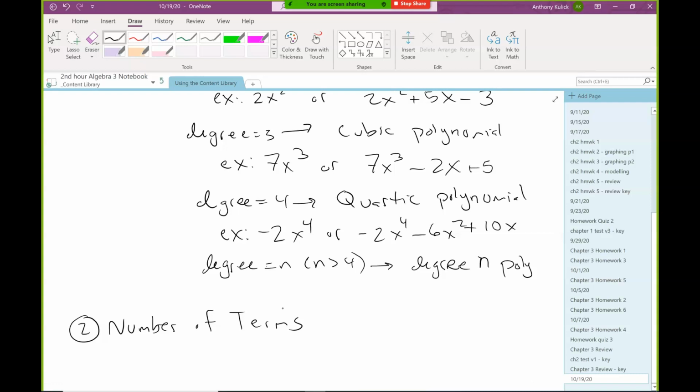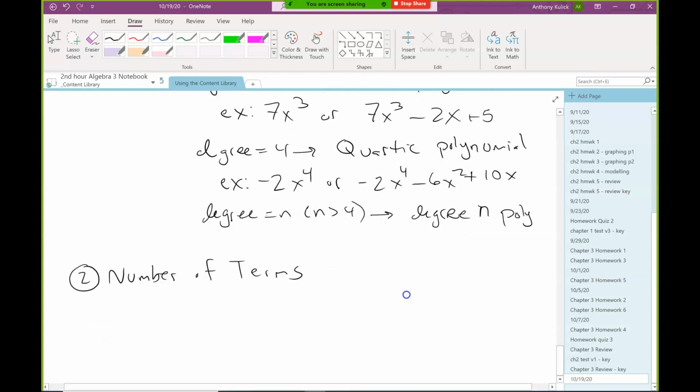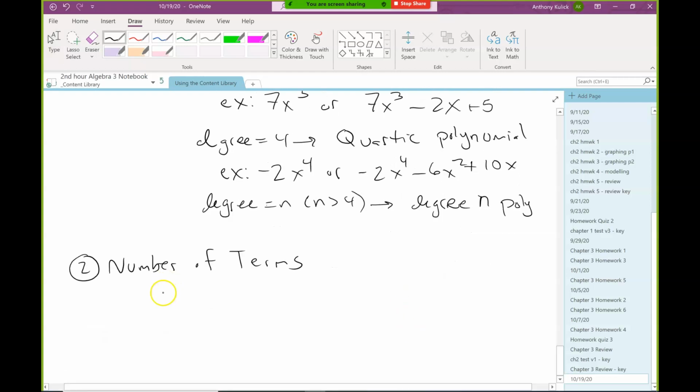Two terms we'll call a binomial. Three terms, a trinomial. And then anything bigger, just classify with the number.